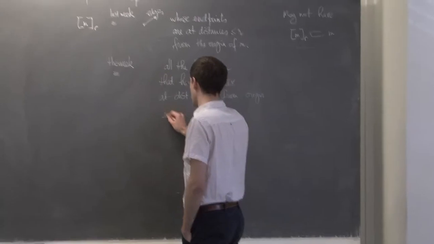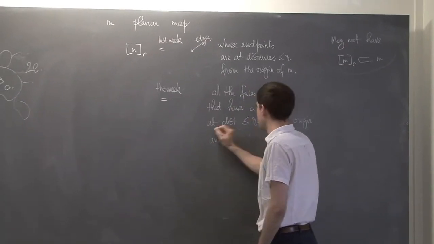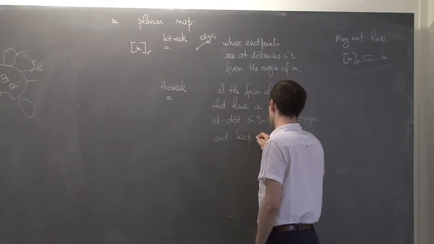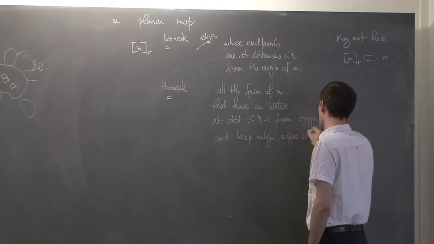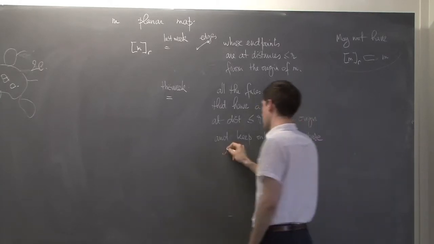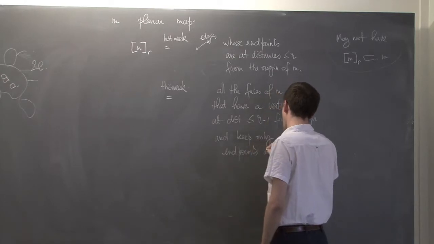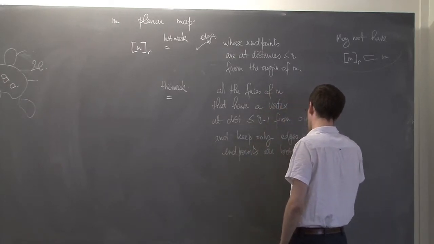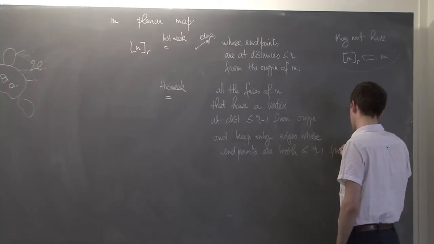And we cut along and keep only edges whose endpoints are both at distance less than R minus 1 from the origin.